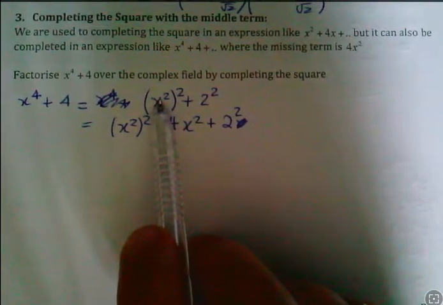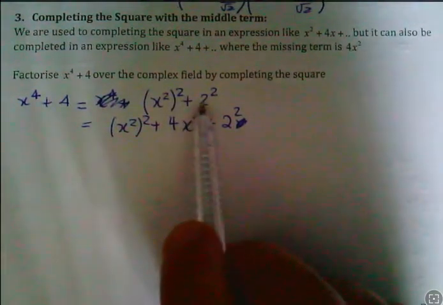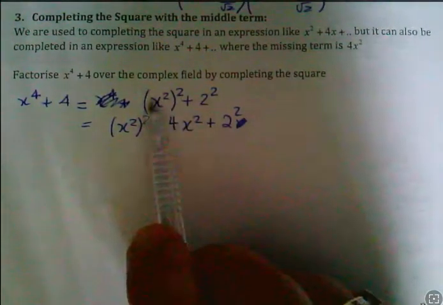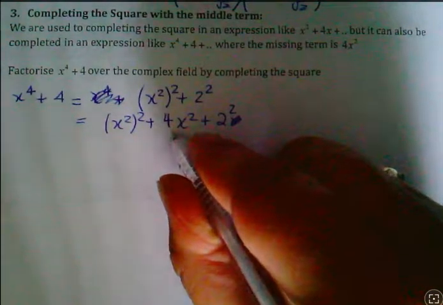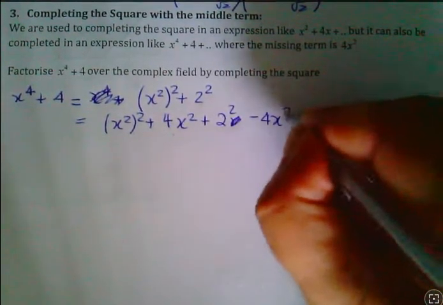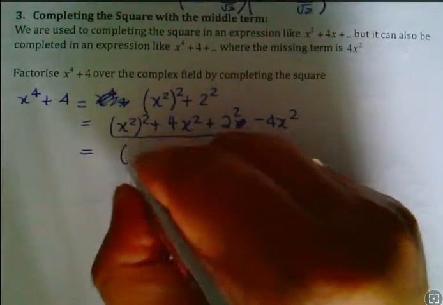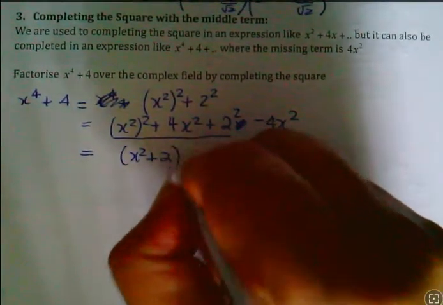If this is your a squared plus b squared, I need my plus 2ab, so it would be plus 2 times 2 times x squared. That's my middle term. I can't just add that in there. I've got to take it away as well. So therefore, this is a completed square, which is x squared plus 2 all squared.